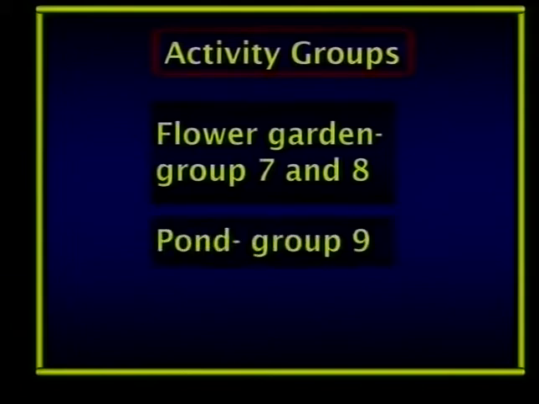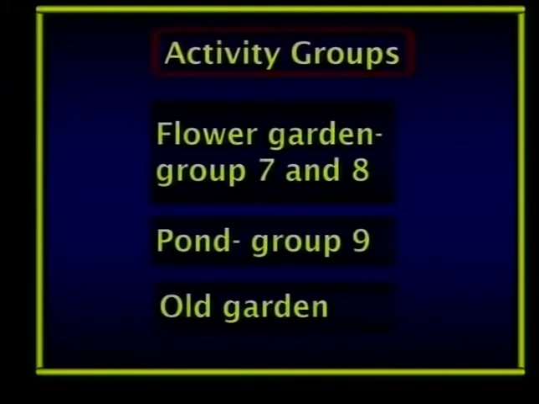Group 9 was the pond. And those of you who decided to work on the old garden, if you changed your habitat, okay, one group. So you remember your groups and the habitat you worked on.